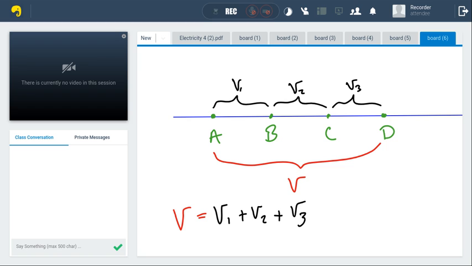Well, what's V1, V2, and V3? They're just parts of that journey. V1 is A to B, V2 is B to C, and V3 is C to D. So adding up all those individual works, you will get the same as the work bringing it on its whole journey, which is A to D. And so there we go. We have that voltages in series must add up to the total voltage across those points.